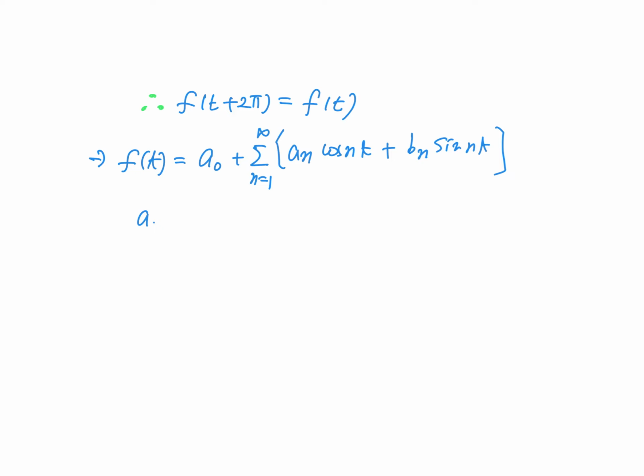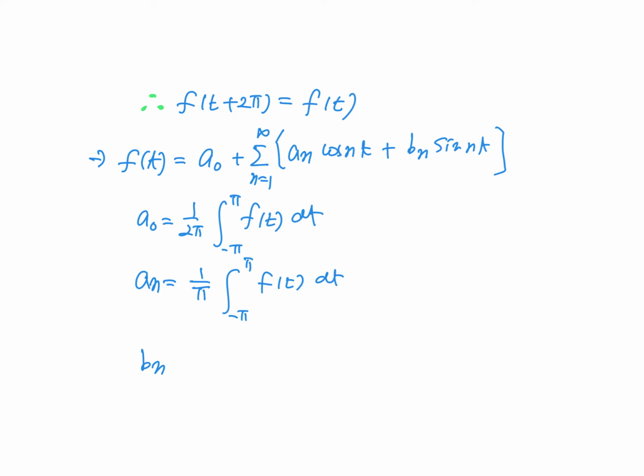And a_0 is 1 over 2 pi integral of f(t), a_n is 1 over pi integral of f(t) cosine nt dt, b_n is 1 over pi integral of f(t) sine nt dt.